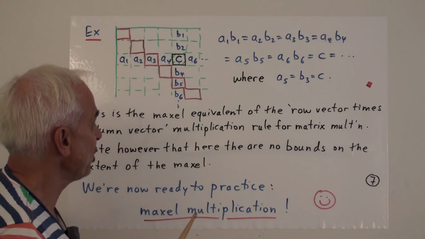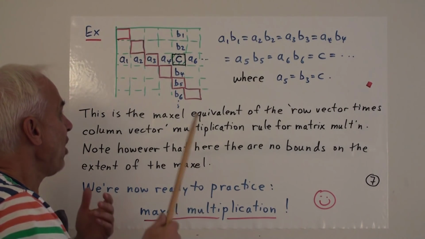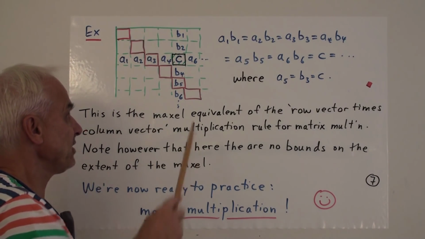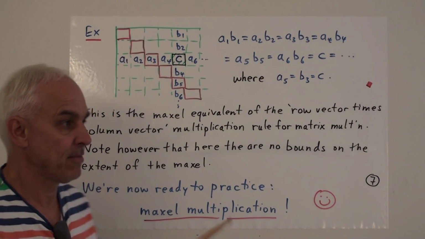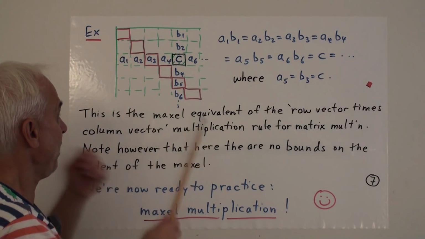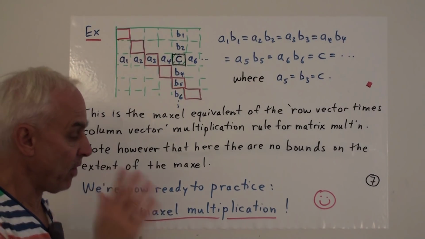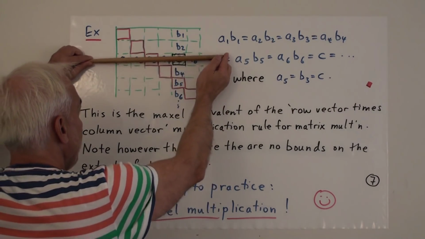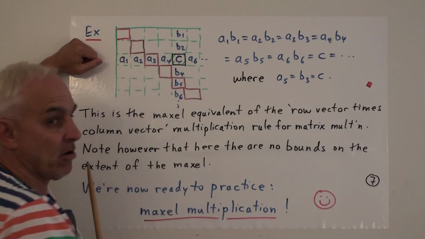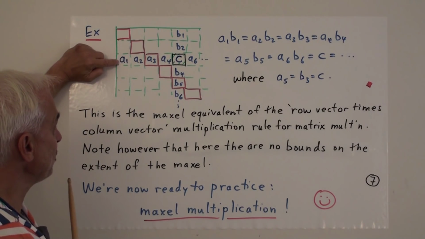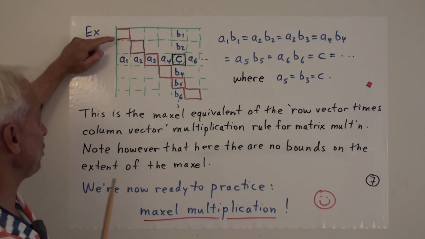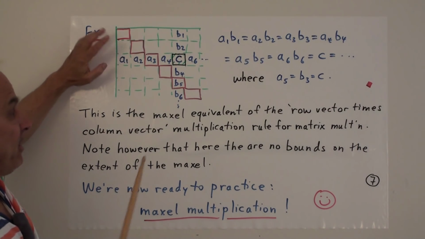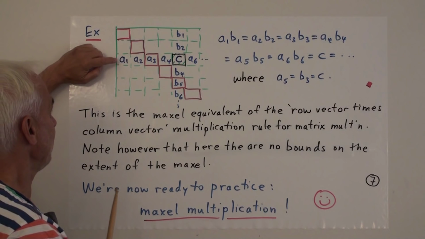So let's ask the question, what are the various products of pixels that will multiply to get C? We're looking for an A and a B that multiply to get C. So what we've just determined is that A has to be in this row and B has to be in this column. So suppose we choose the first A in this row, call it A1. There it is. It's actually the pixel 3, 1, but we don't really care about what it is exactly.